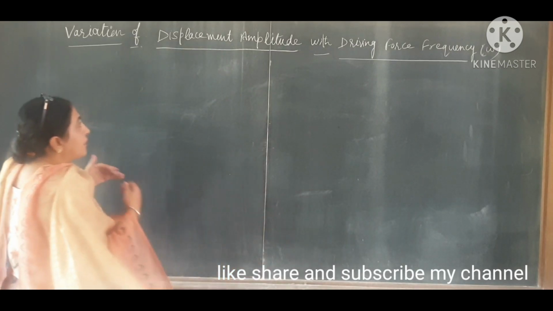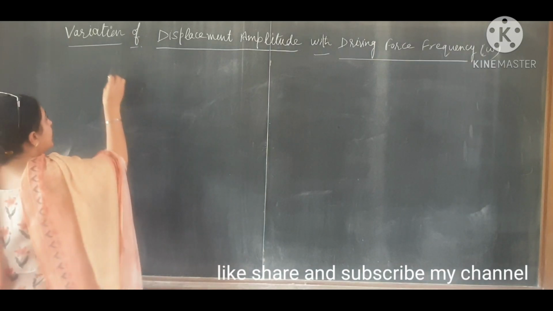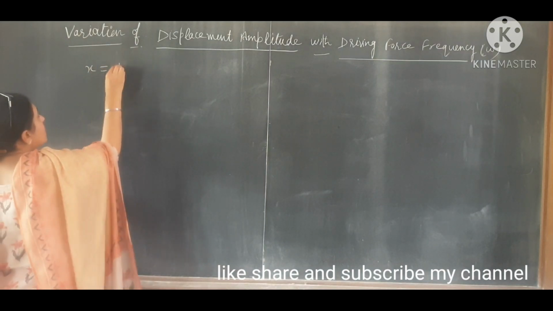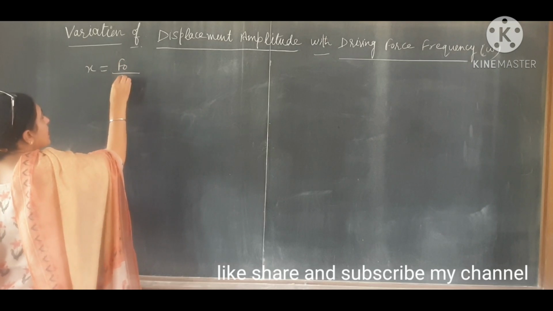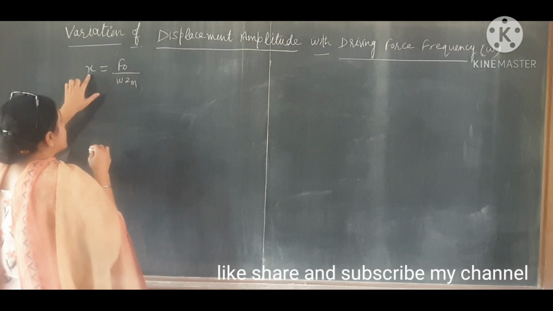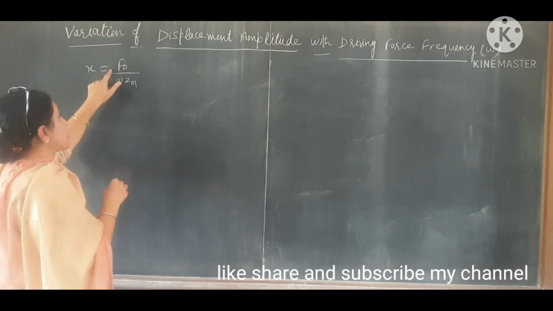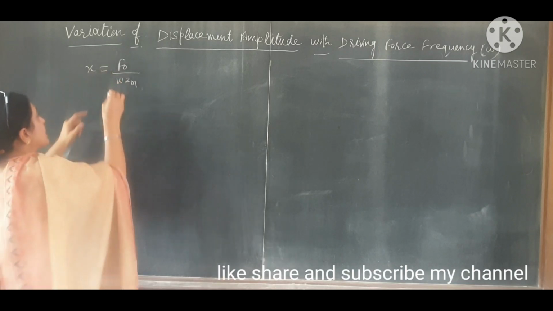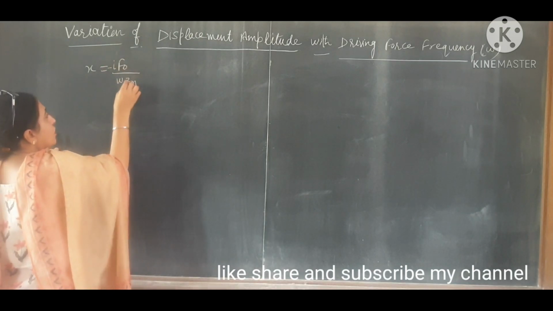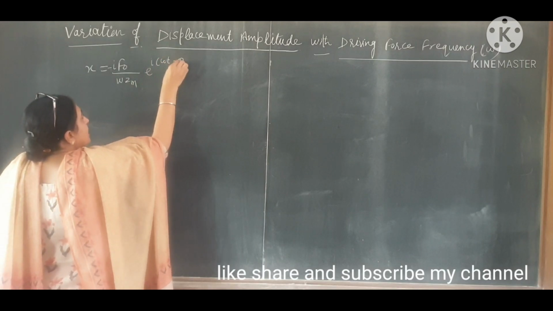So first of all, what is displacement amplitude? We know that in the case of a forced oscillator, x is equal to f naught over omega Zm, times e raised to i omega t minus phi, with a factor of minus i.